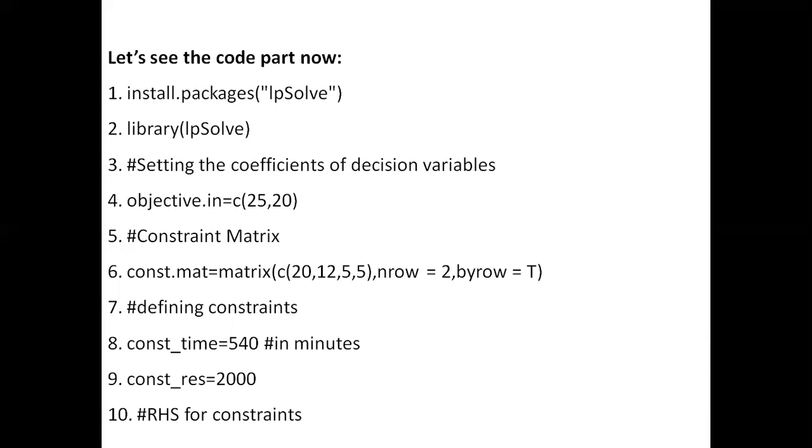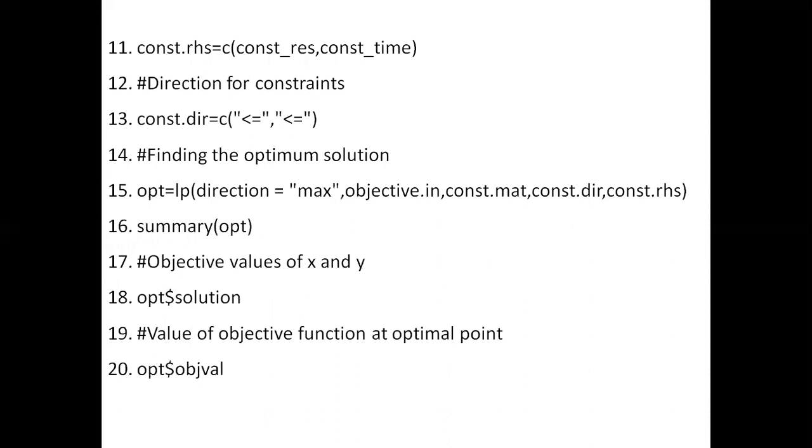And next, the RHS constraints. Having defined these constraints on the left hand side, the RHS is the standard value that we get after the solving process, giving only the directions for the constraints in order to solve the problem.